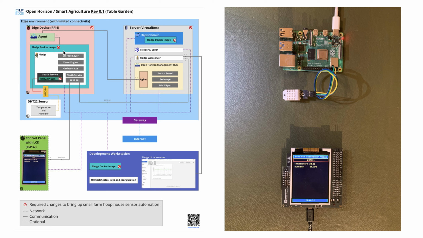So this Docker image has all services required to pull from this DHT22 sensor and save all the sensor data. So everything is configured.